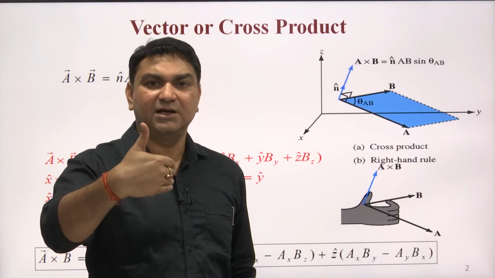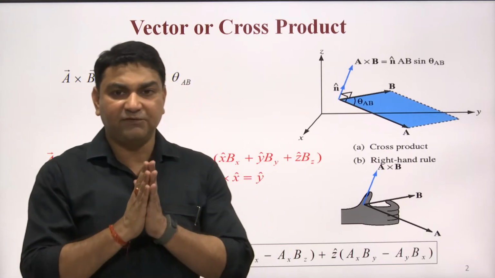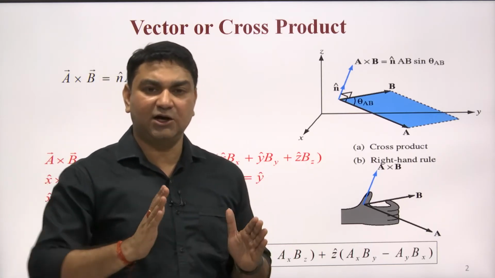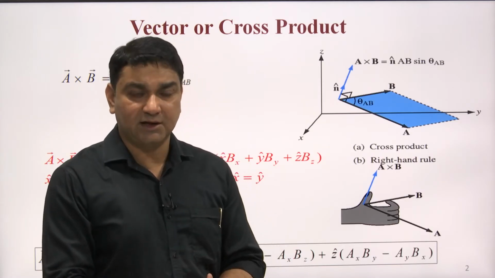This is the right hand rule which is used to define the direction of the cross product of the two vectors A and B.